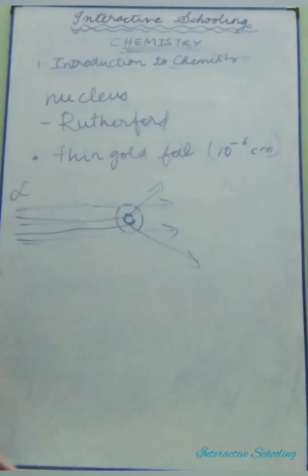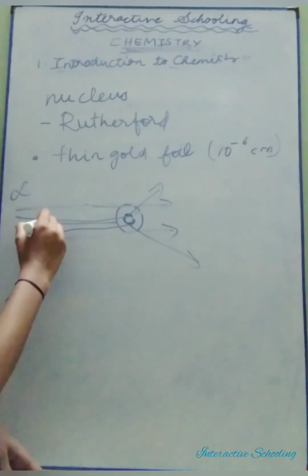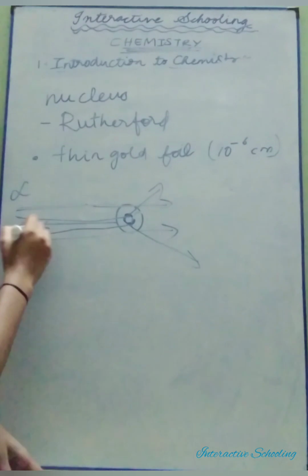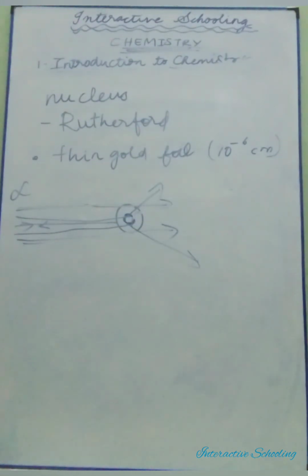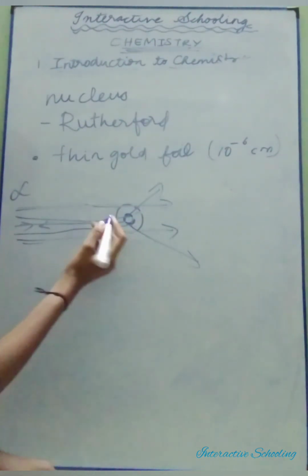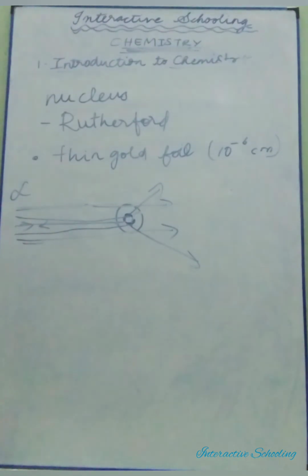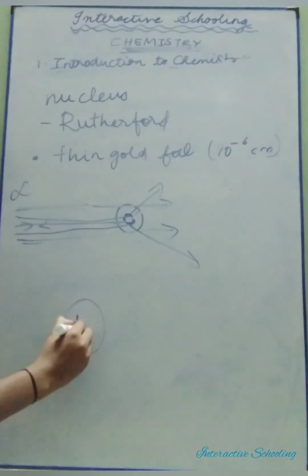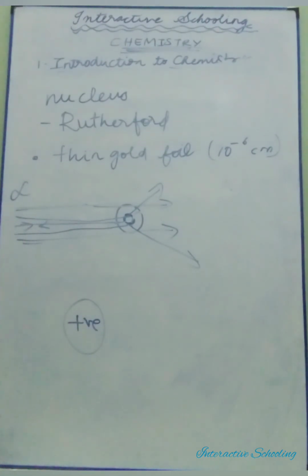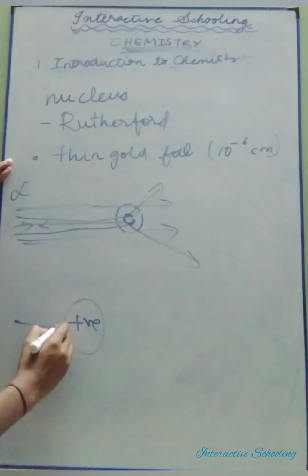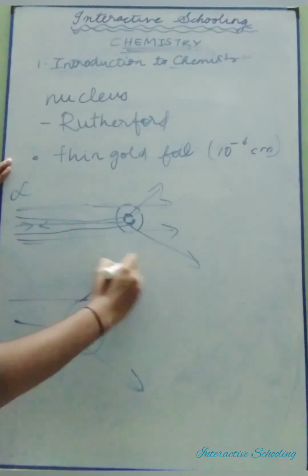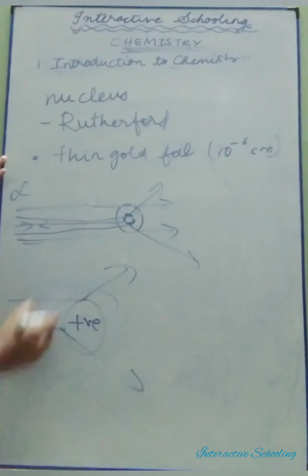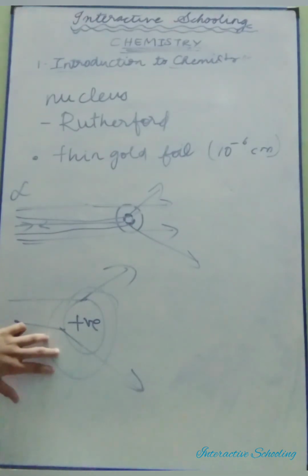And very few were directly sent back. They went and they were directly deflected back. So from this, what he concluded was that an atom had a nucleus which was positive. Because the alpha particles are positive, right? They were repelled by this nucleus. So he decided that this is positive.